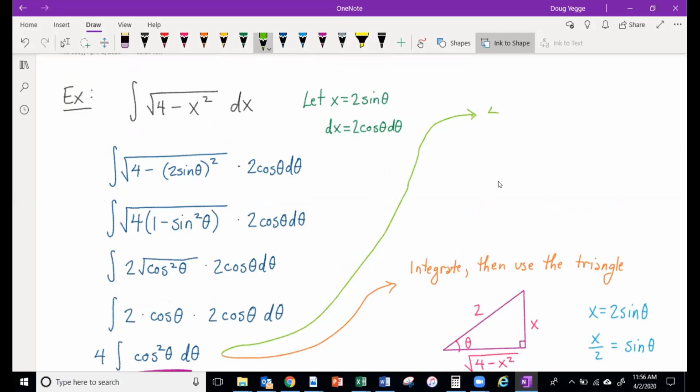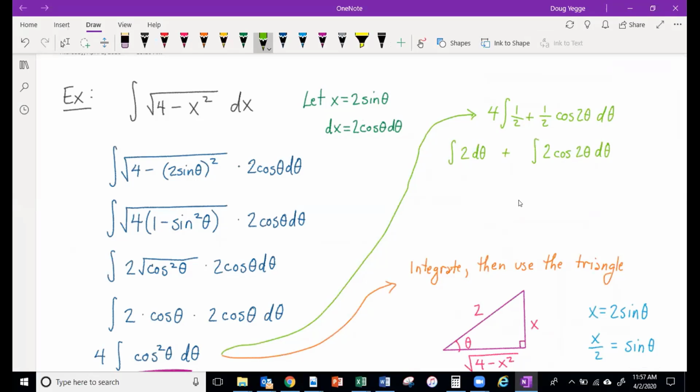So this becomes 4 times the integral of 1/2 minus 1/2 cosine 2 theta. Shouldn't it be a plus? Plus, thank you. So what we're really doing here is taking the integral of 2 d theta, because that's 4 times 1/2, plus 4 times 1/2 again, so we've got the integral of 2 cosine of 2 theta d theta.